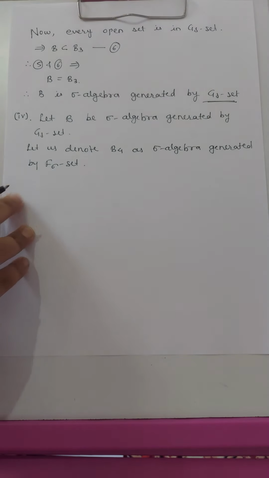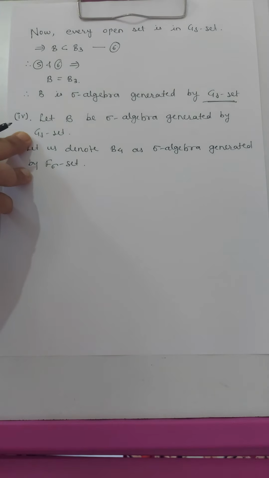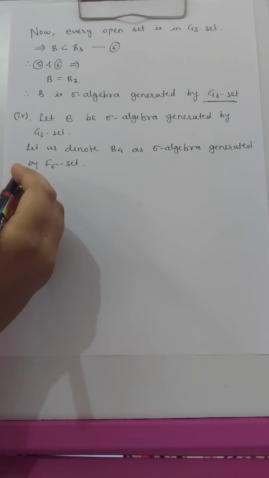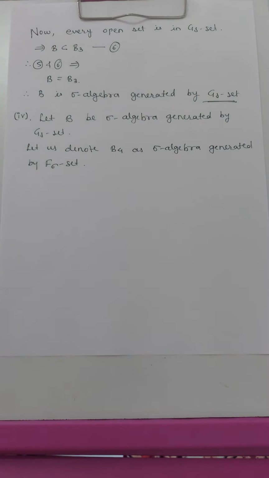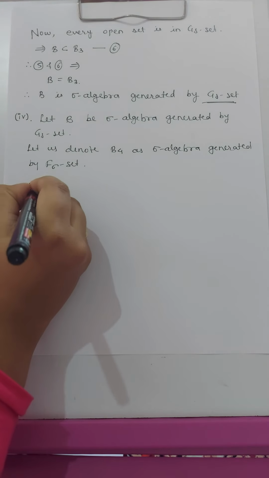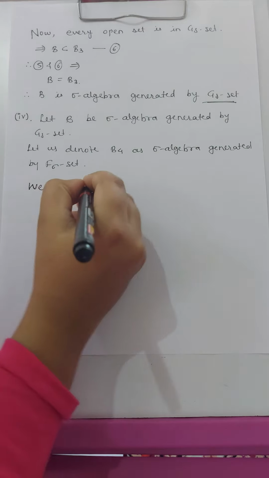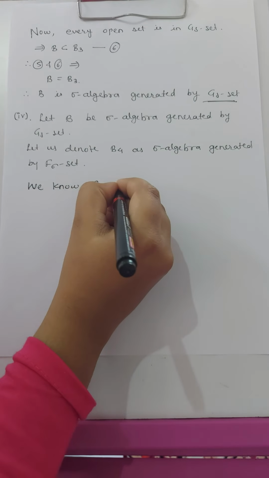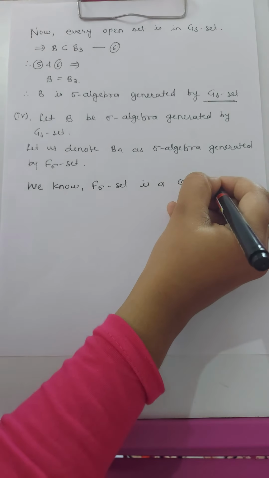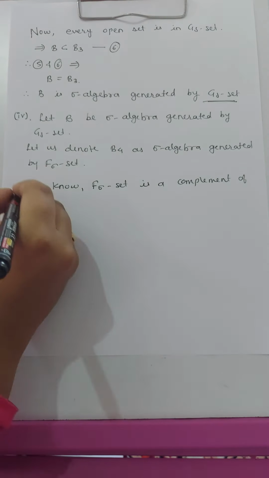Now F sigma set is a complement of G delta set, because by definition G delta set is a countable intersection of open sets, while F sigma sets are countable unions of closed sets. So we know F sigma set is a complement of G delta set.